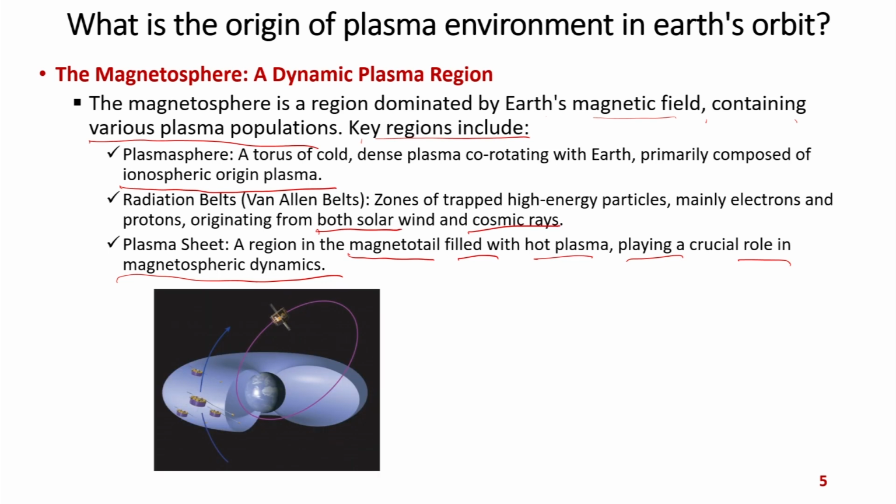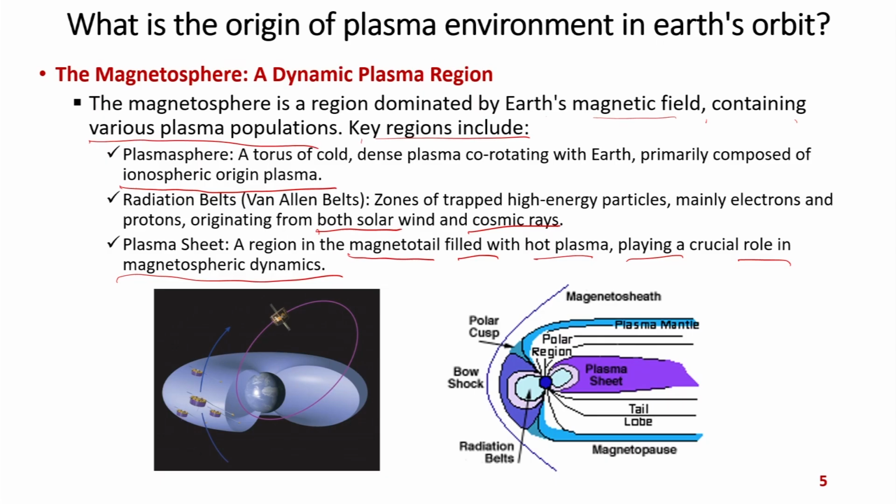So, this is the plasmasphere, this is a cartoon, and this is the plasma sheet. What happens, as I already explained when we were discussing different phenomena in solar physics, is that whenever there are two oppositely directed magnetic fields, in between there will be a current sheet.